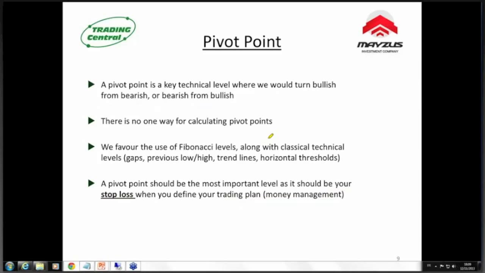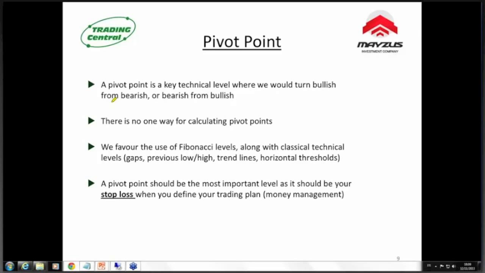I think you noted I use the term pivot point when I talk about stop loss. Actually, you should use your pivot point for your stop loss, because a pivot point is a key technical level where we would turn bullish from bearish or bearish from bullish.